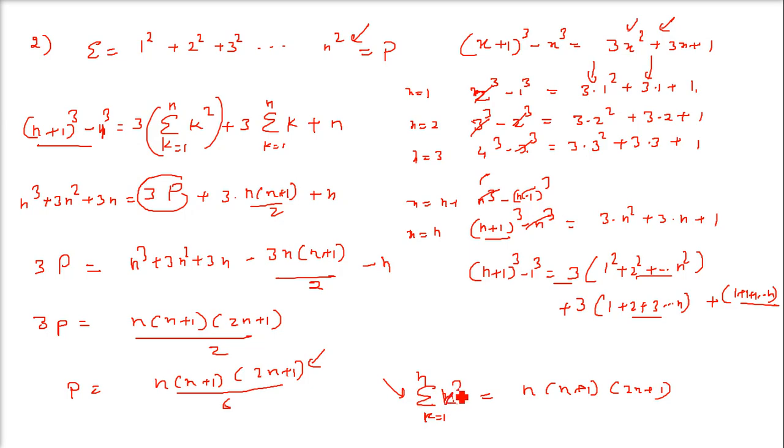So this is the sum of the squares of the first n natural numbers. Similarly, I will not prove it, but I will just tell you that the sum of the cubes of the first n natural numbers, that is 1 cube plus 2 cube plus 3 cube up to n cube, equals n plus 1 by 2 whole square.